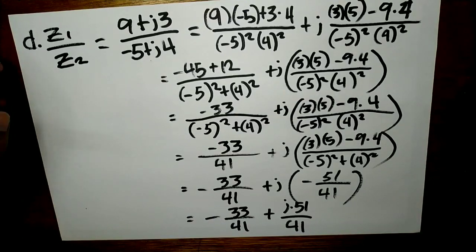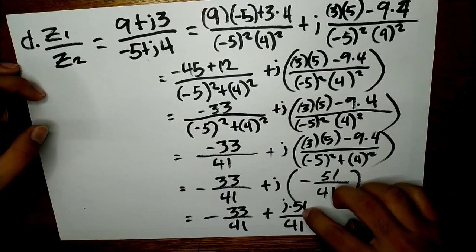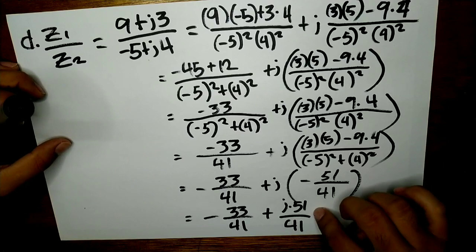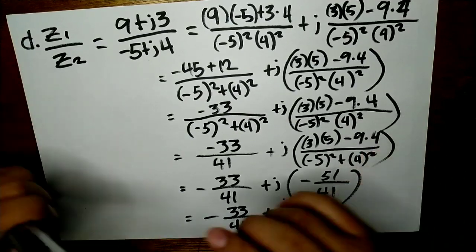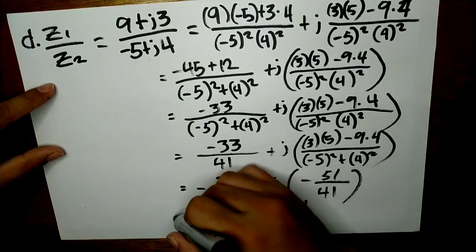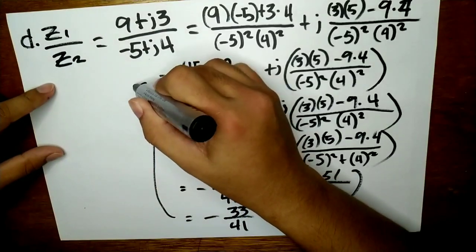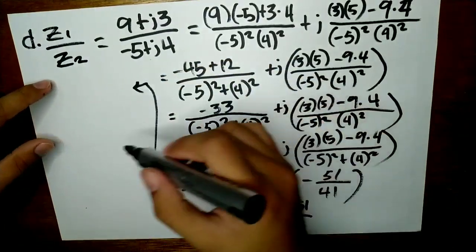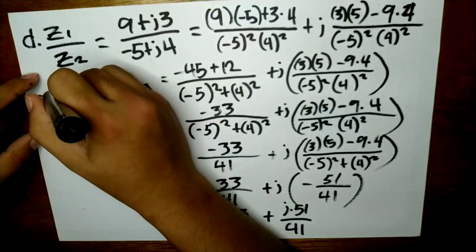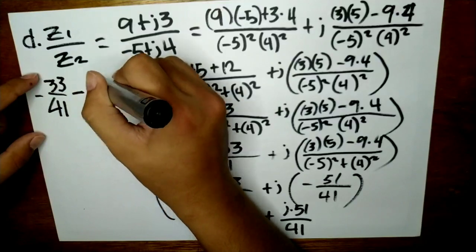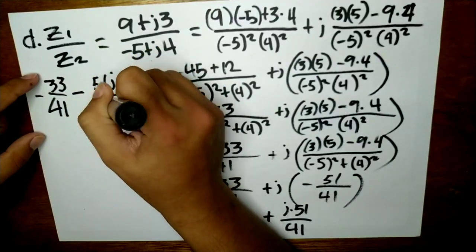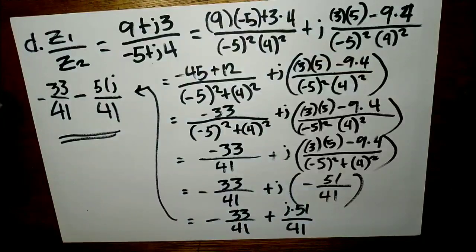Now after that, we need to move this 51 to the left side of the imaginary one for us to get the final answer that we're looking for. So it will go like this. So that's it.